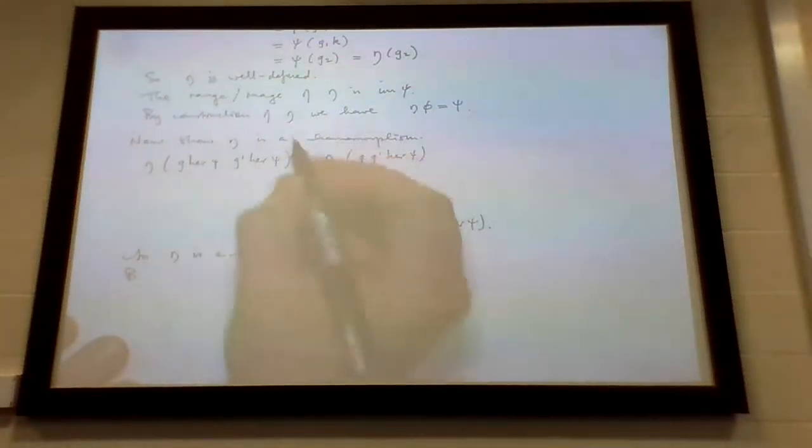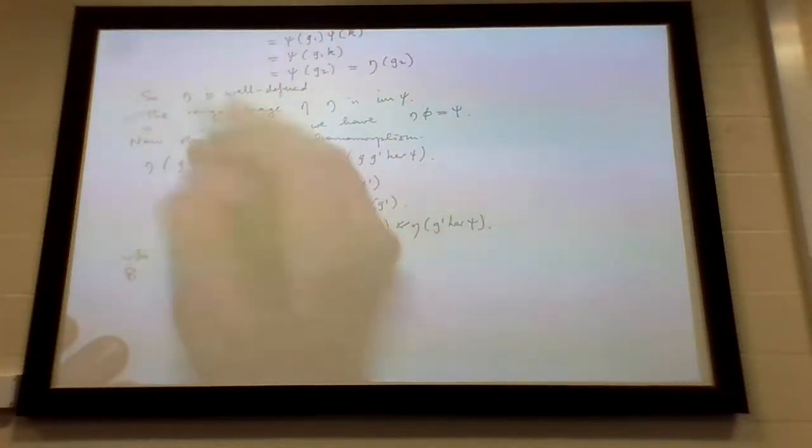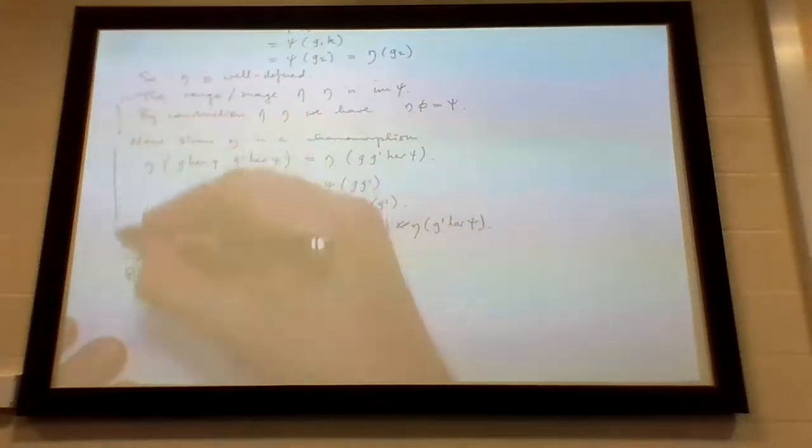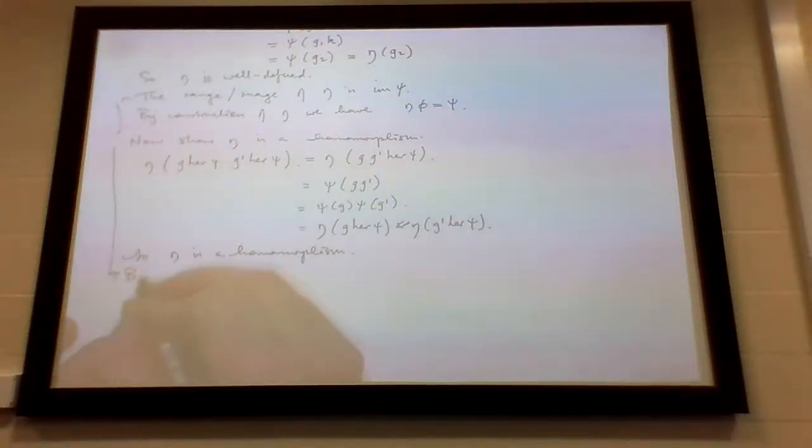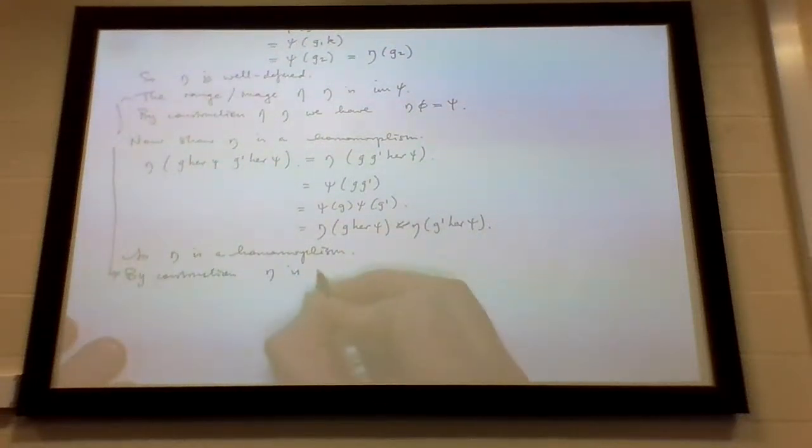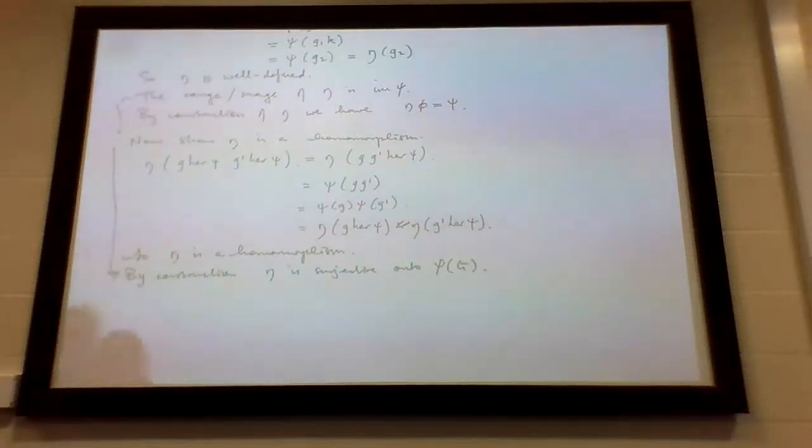So as we've just noted up here, a better way to write it is as it does in the book. By construction, eta is surjective onto the image of psi applied to G. Our mapping diagram will work.